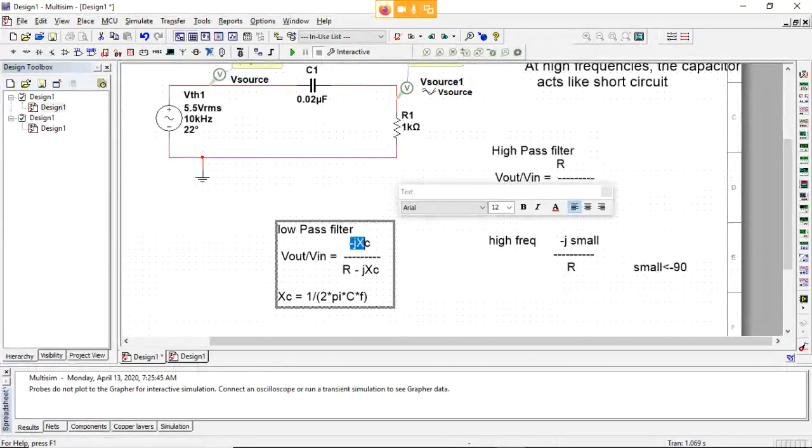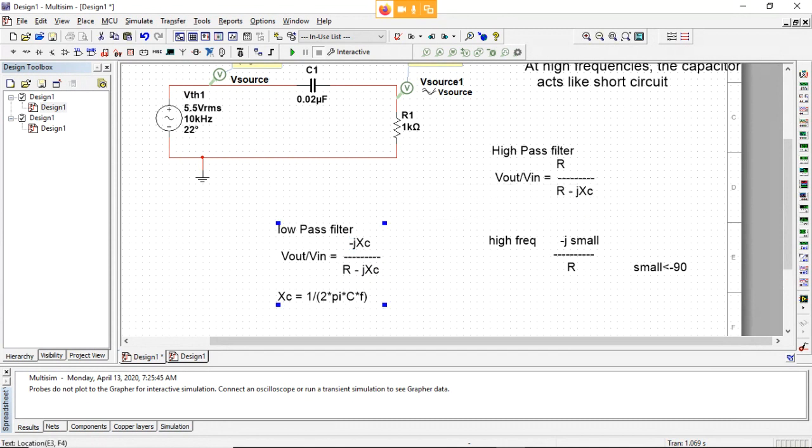And so we get a minus j close to 0 divided by some value of R. So we end up with a very small value, but it's got a negative angle for the low pass filter. So you basically stick in some numbers. What is a high frequency?